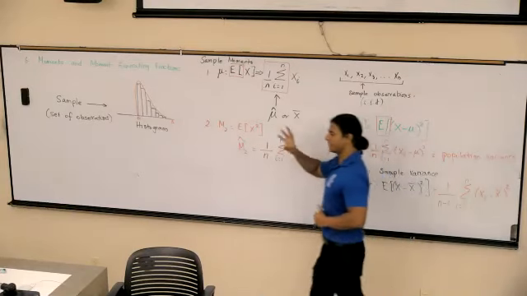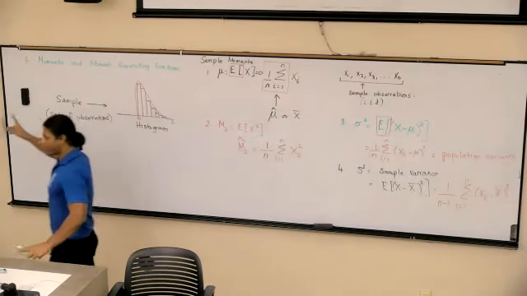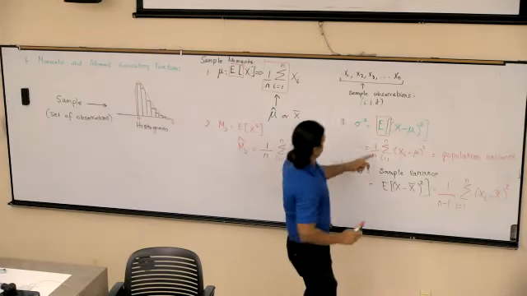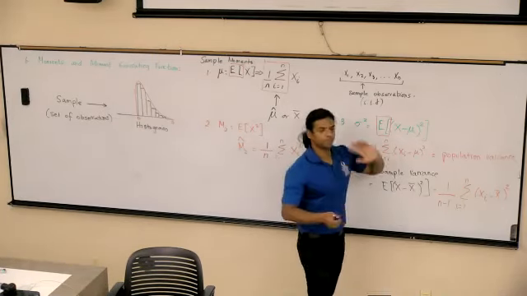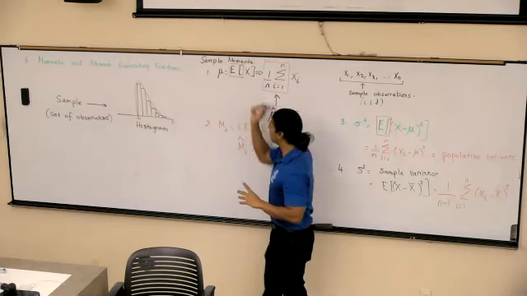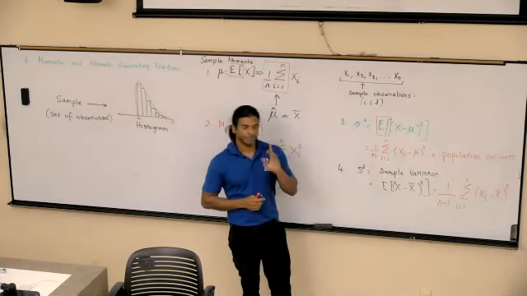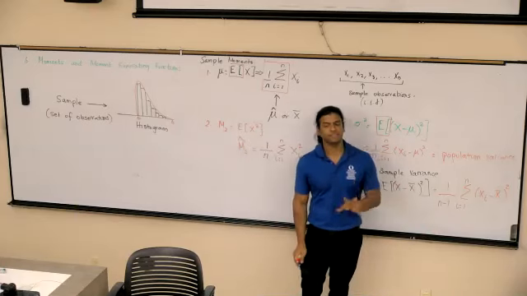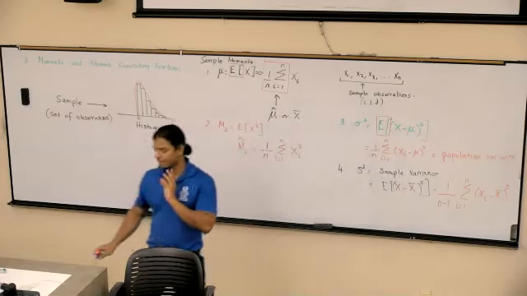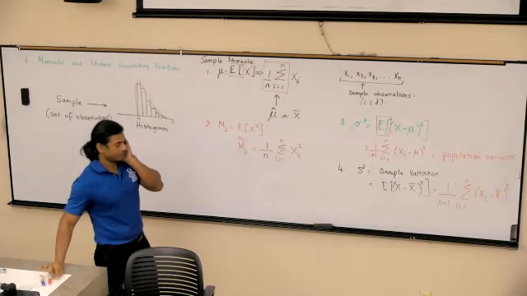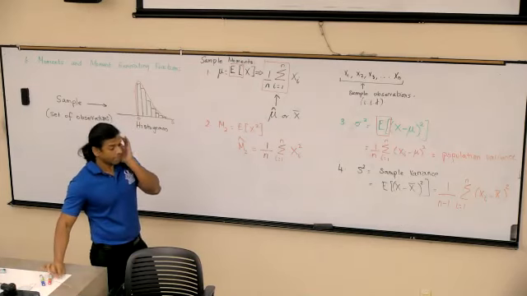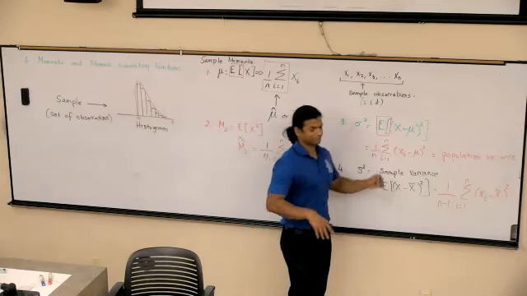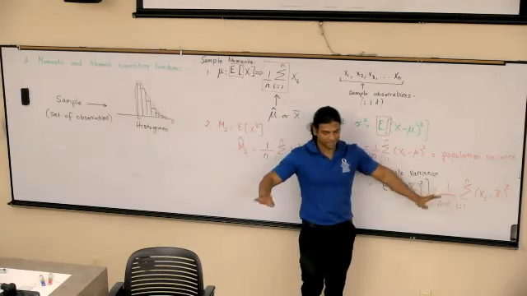So converting the expectation E and the bracket to 1 over n, sum i equals 1 to n, worked for all of those cases, but it doesn't apply for that one case, the sample variance. There is a concept called unbiasedness in statistics, and you have to get into upper level stats for that.